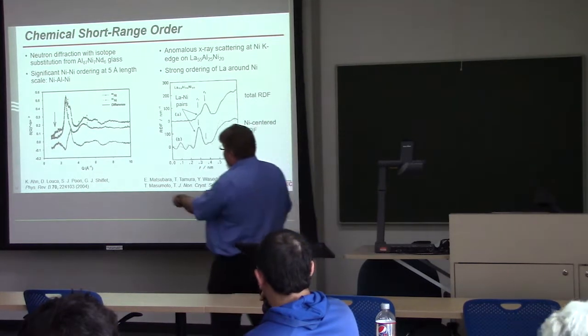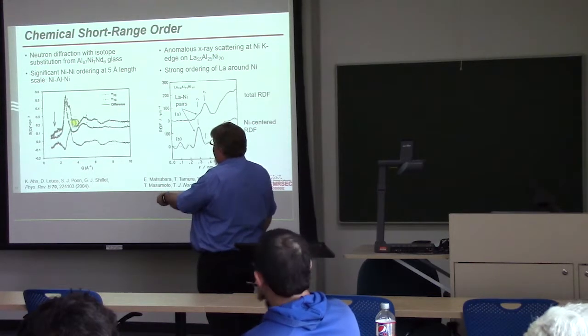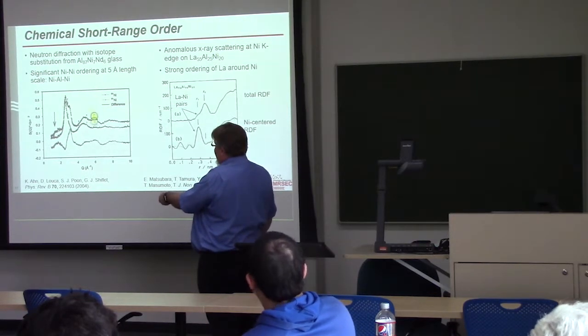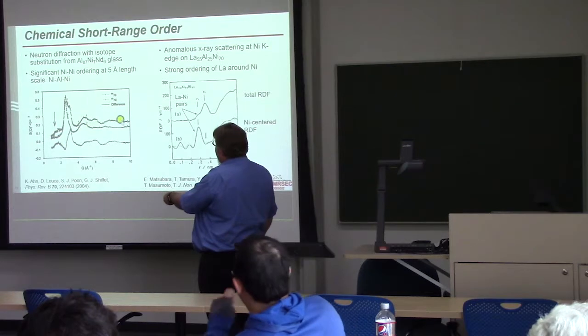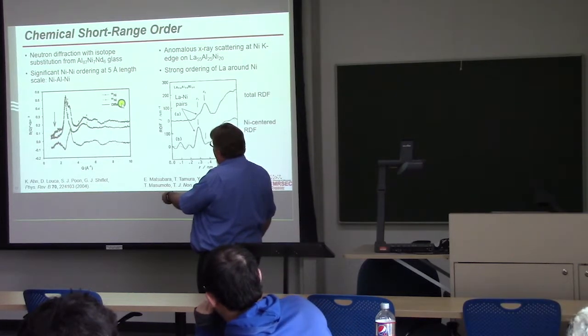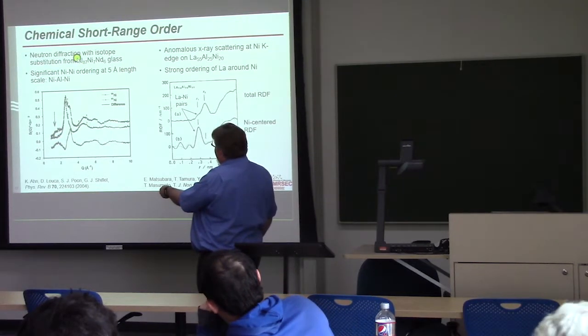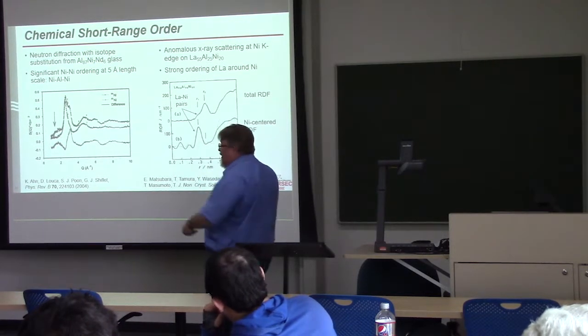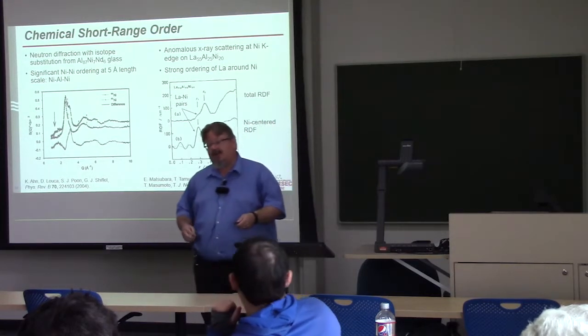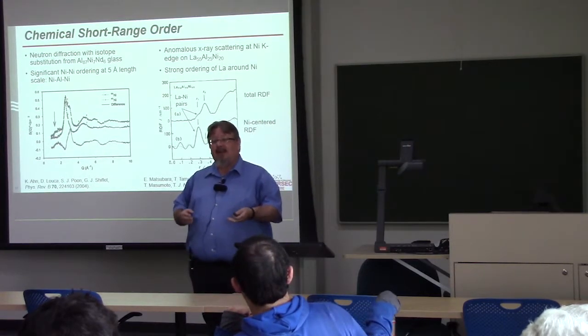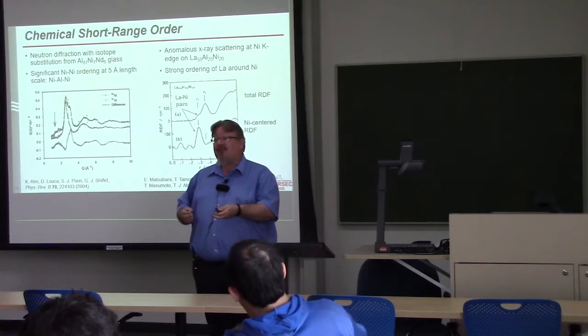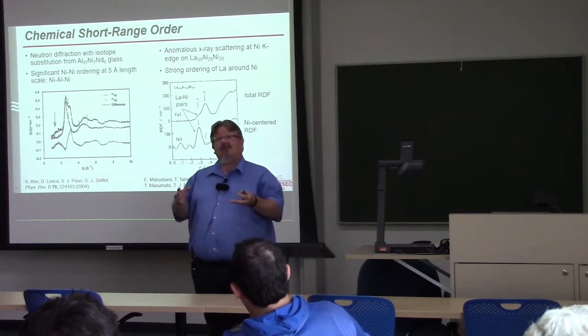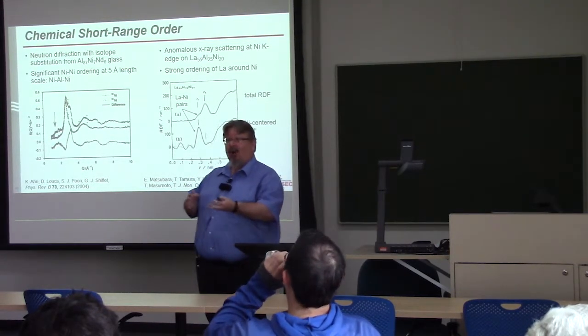An equivalent experiment, or a similar experiment using neutron scattering is shown over here, whereby changing the isotope of nickel in an aluminum nickel neodymium glass from nickel 60 to nickel 58, it's possible to change the neutron scattering length of the nickel by a factor of 5 without changing its chemistry at all.